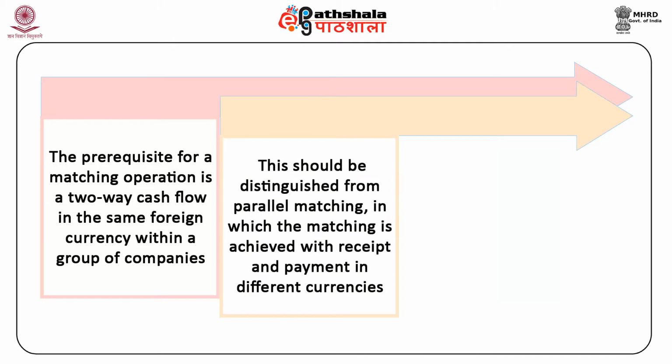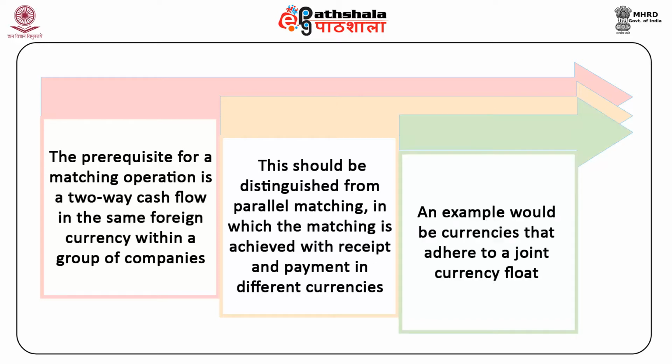This should be distinguished from parallel matching, in which the matching is achieved with receipt and payment in different currencies, but these currencies are expected to move closely together, near enough in parallel. An example would be currencies that are part of a joint currency float.